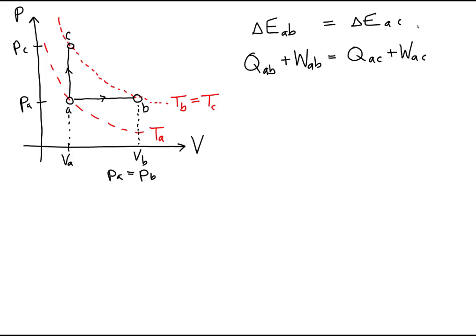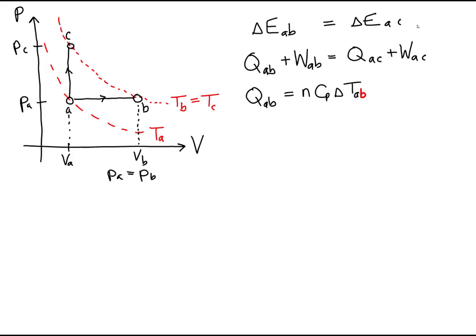For the heat exchanged in the isobaric process from A to B, we know that that is directly proportional to the temperature change from A to B, given by the molar specific heat capacity equation for the A to B process, which says the heat from A to B is equal to the number of moles times the molar specific heat capacity from A to B times the change of temperature from A to B.